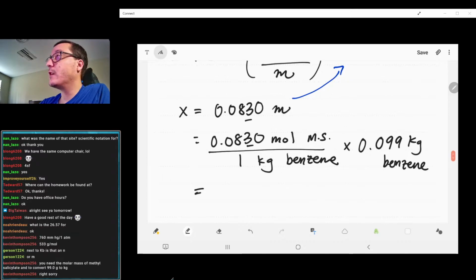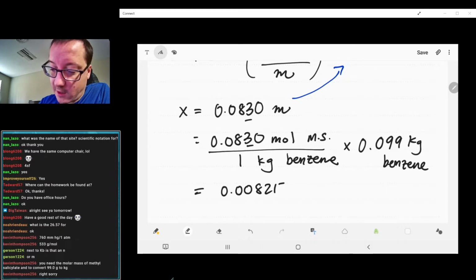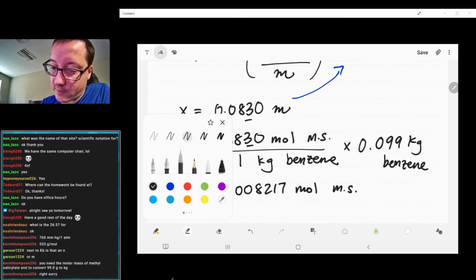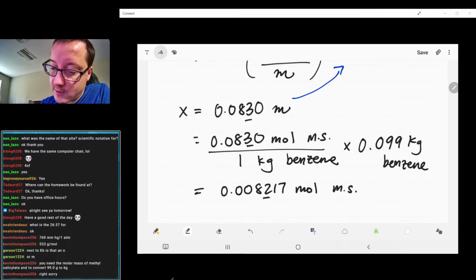We're able to figure that out. 0.083 times 0.099. That tells us we have this many moles of methyl salicylate, right? Kilograms of benzene will cancel out. Hooray. How many sig figs do we have? Looks like just 2. So we'll keep that in mind.